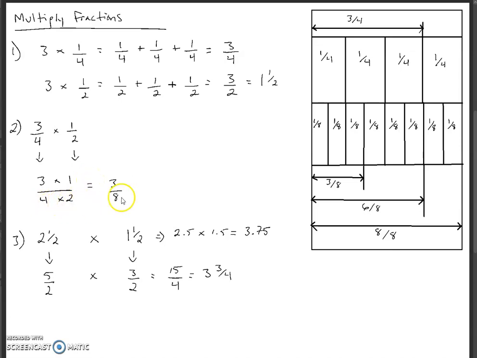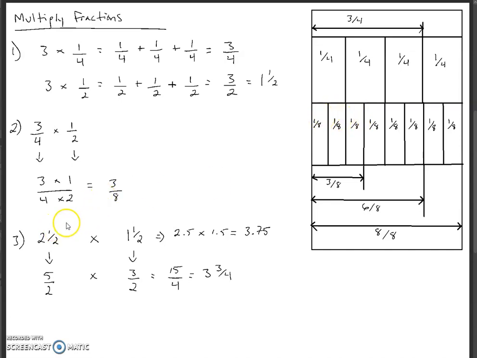So 4 times 2 is 8, 3 times 1 is 3. So we have 3/8. And if you can see here, we got 3/4 right here. Now each quarter is broken into 2/8. And if we see here 3/8, so 3/4, 1/2 of 3/4. So here's 3/4, 1/2 of that is sitting right here, which is 1, 2, 3/8.